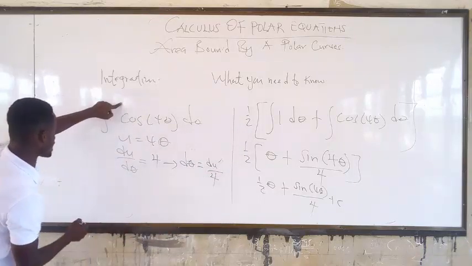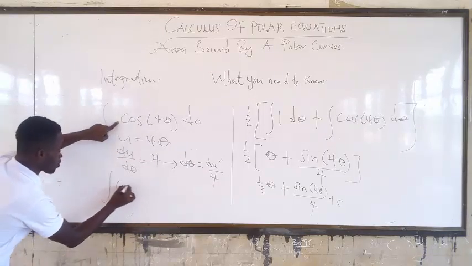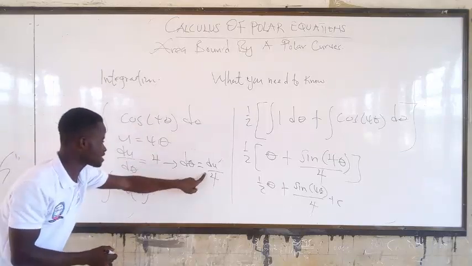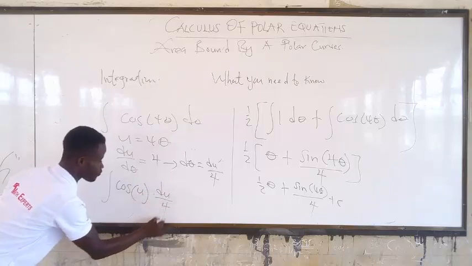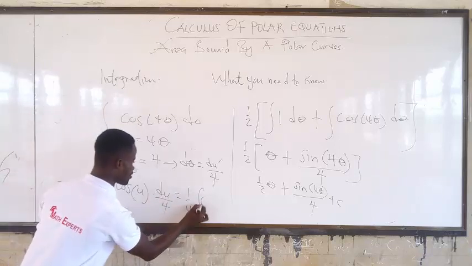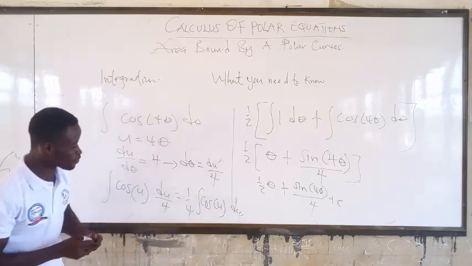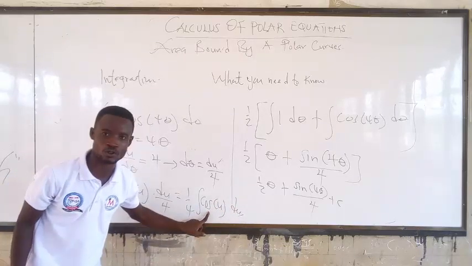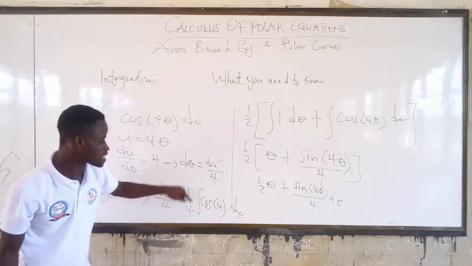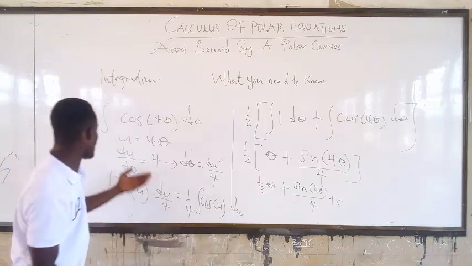Then you do the substitution, and you get cos u, and the d theta here is du over 4. You bring 1 over 4 out, and it is left with cos u du. Beautiful. Now when you integrate cos, you get sine u, so it will be 1 over 4 sine u. And you know that u is 4 theta.